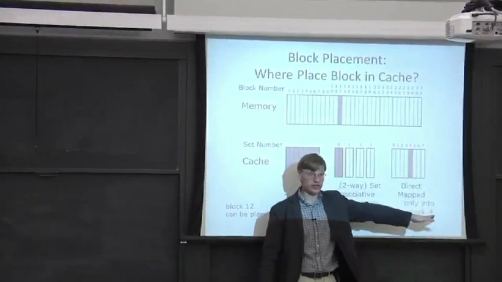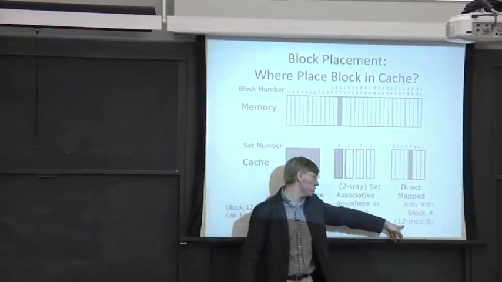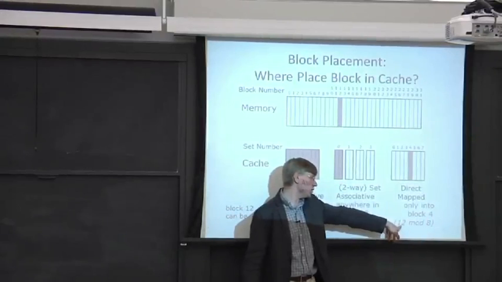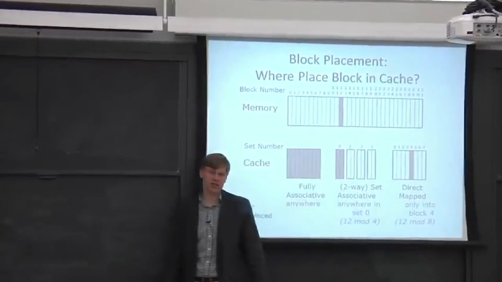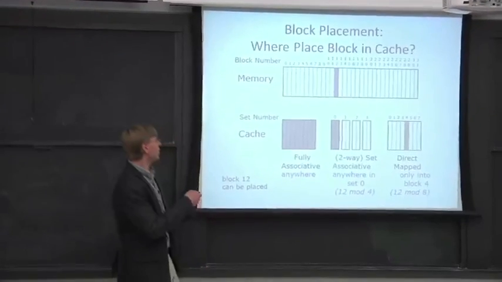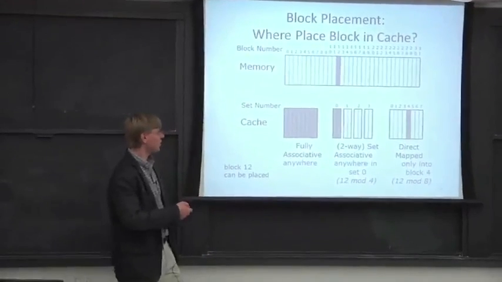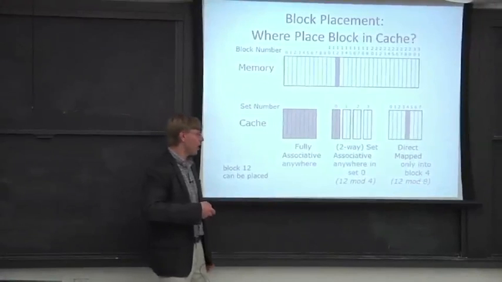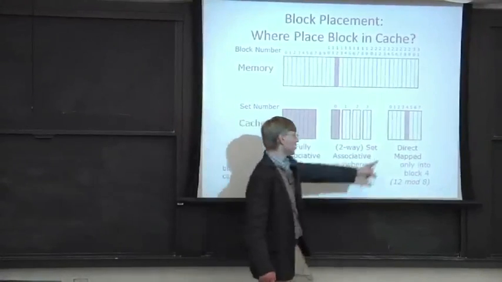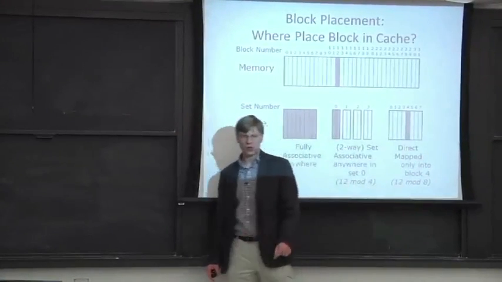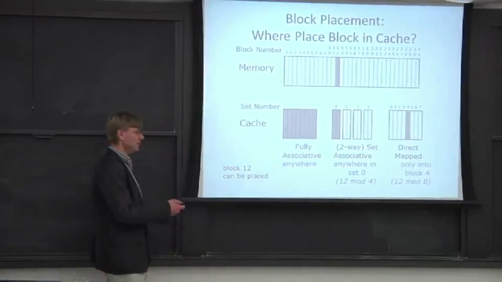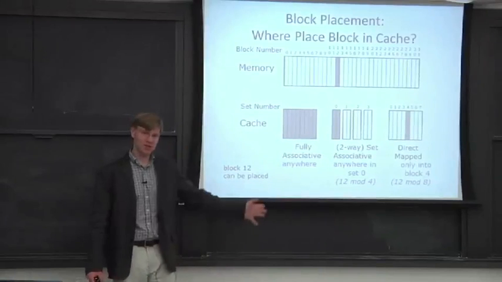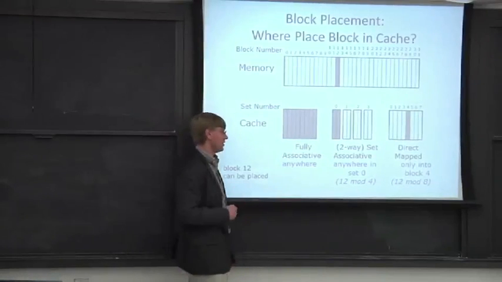The indexing function that you use is you take the block number mod the size of the cache. In this case, we have block number 12 or byte number 12 here. We take 12 mod 8. It says block 4. So this is the only place to go look for the data. Okay, that's nice and simple. It's easy to build. It's all index-based.